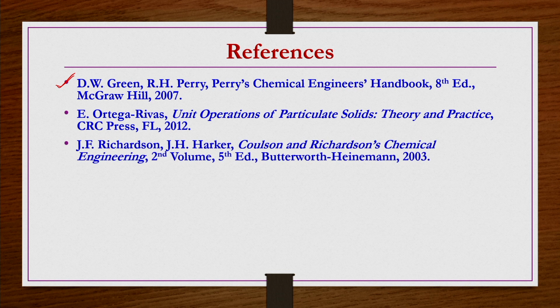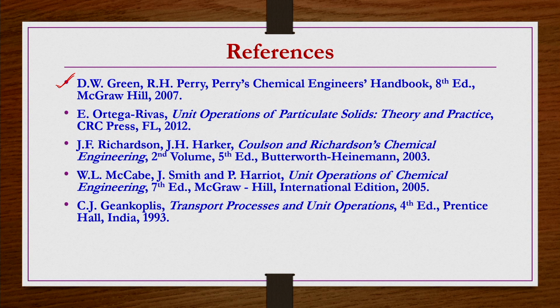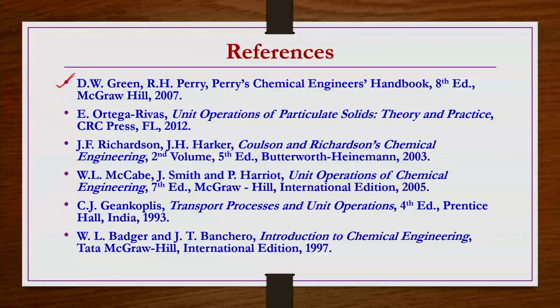Other reference books are Coulson and Richardson's Chemical Engineering series, second volume, by Richardson and Harker; Unit Operations of Chemical Engineering by McCabe, Smith and Harriott; Transport Processes and Unit Operations by Geankoplis; and Introduction to Chemical Engineering by Badger and Banchero, which can also be a good reference book for the lecture presented today. Thank you.